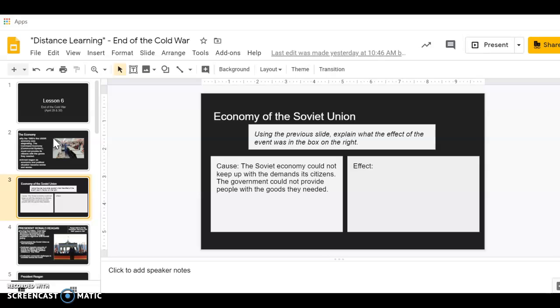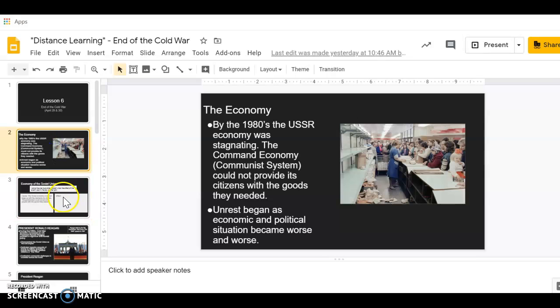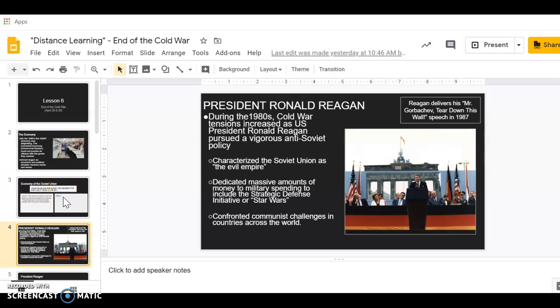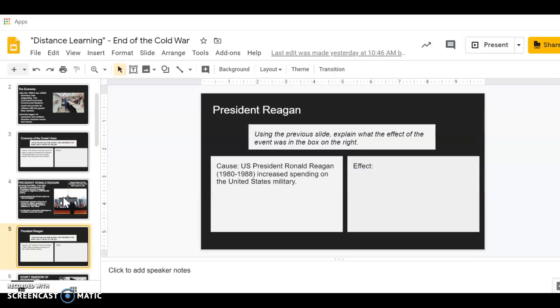So you will see that there's some different information about what happened at the end of the Cold War, and you will go ahead, read that information, and then there's going to be a lot of cause and effect questions today. So you are going to be using the information that was given to you, but you're also going to be using some inferences on what your opinion is and why you think certain things happened to end the Cold War.